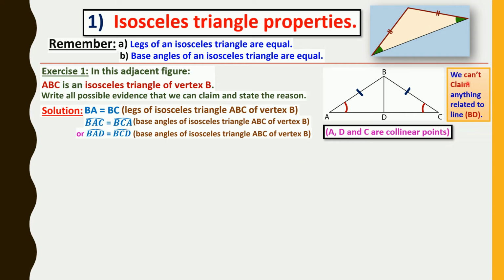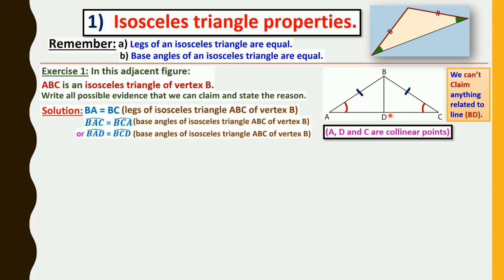So now we notice that we can't claim anything related to the line BD. Here BD looks like it's perpendicular to AC, but we don't have the code of the right angle here. Nothing is mentioned about line BD, so we cannot claim the fact that BDC or BDA are right angles, or that BD is the height relative to AC.